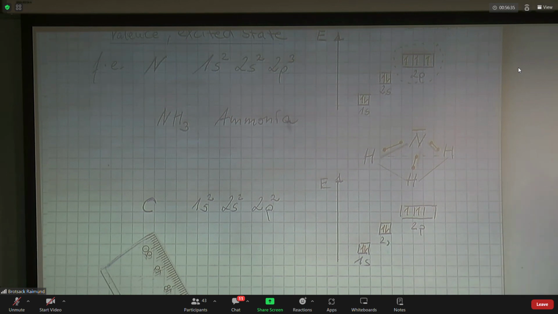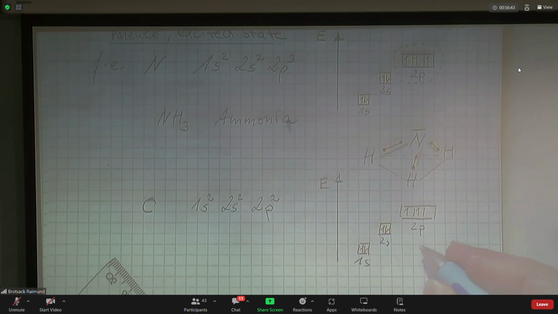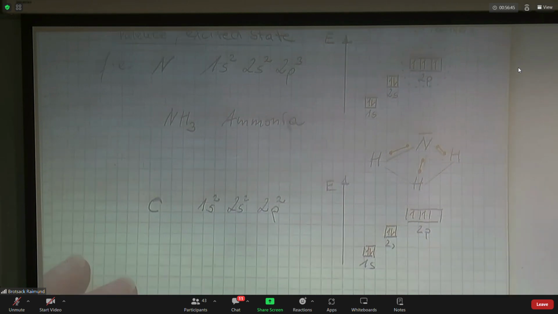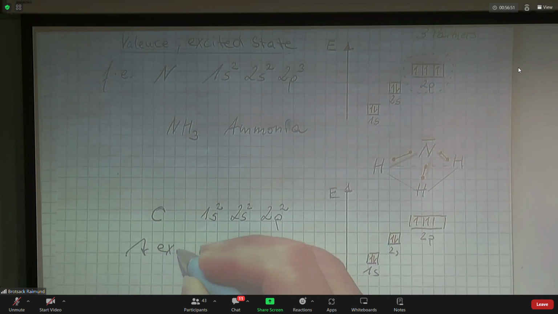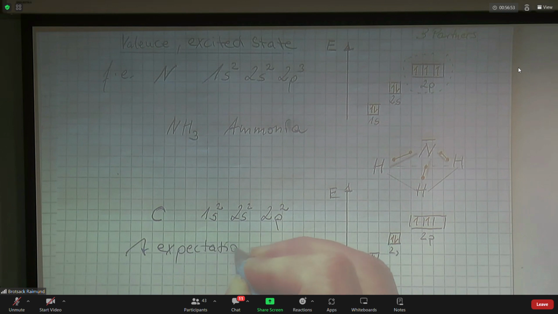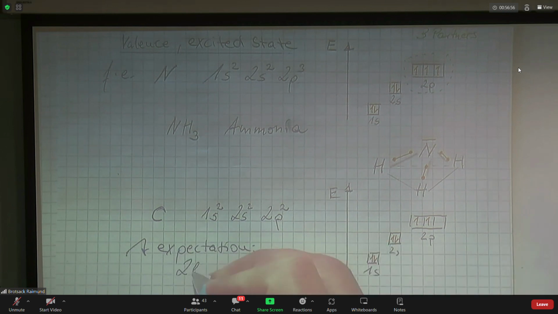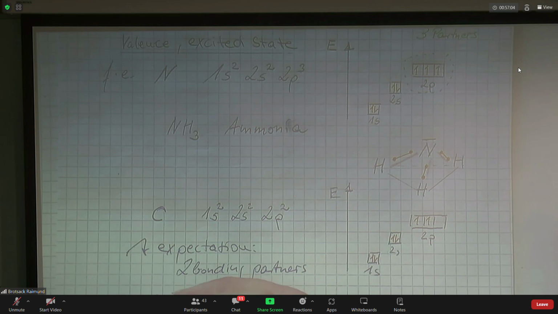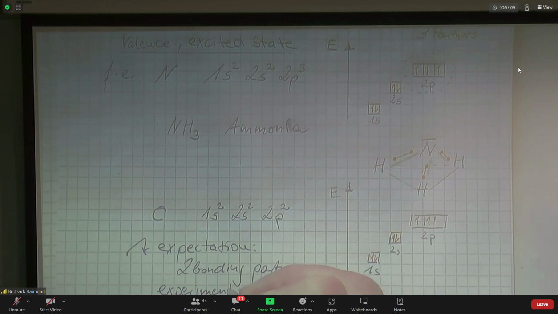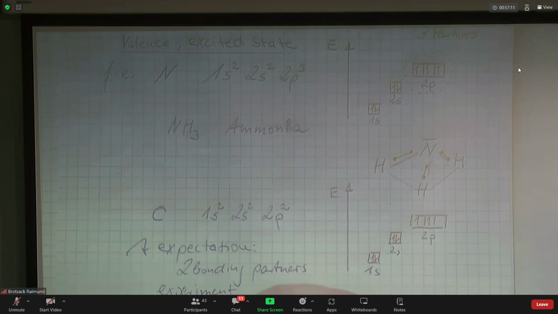But that is not the reality. The reality is we have 4 partners for the carbon. So the expectation would be 2 bonding partners, and the reality, the experiment shows 4 bonding partners.